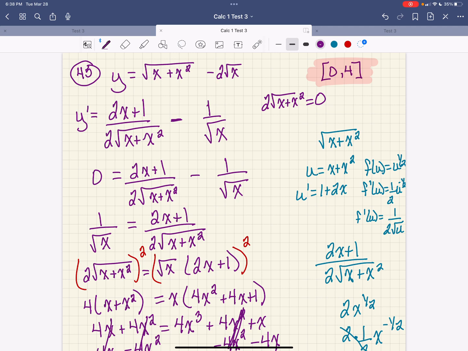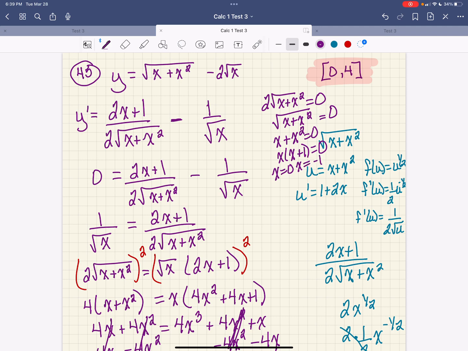So the square root of x plus x squared equals 0/2. We're going to square both sides, so I'm left with x plus x squared equals 0. But that's going to be negative, so our other critical number would be -1.